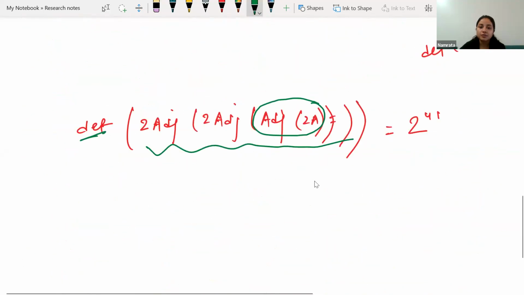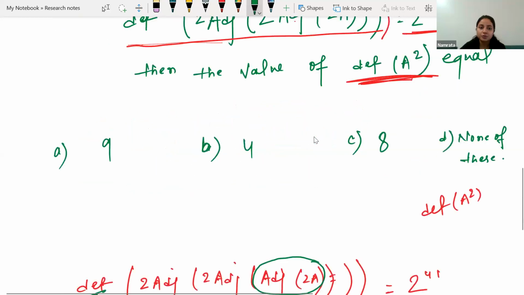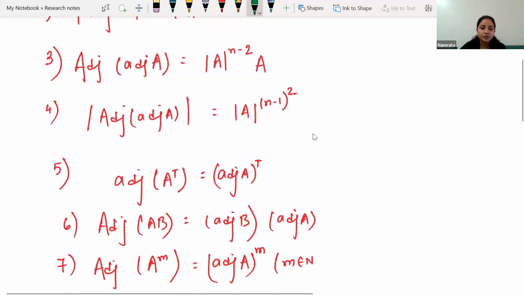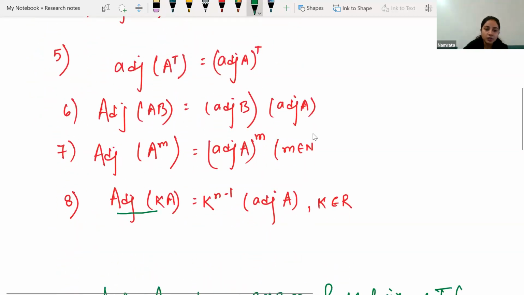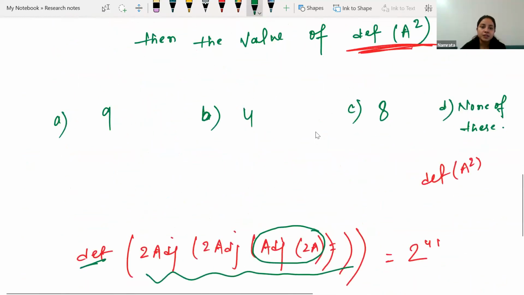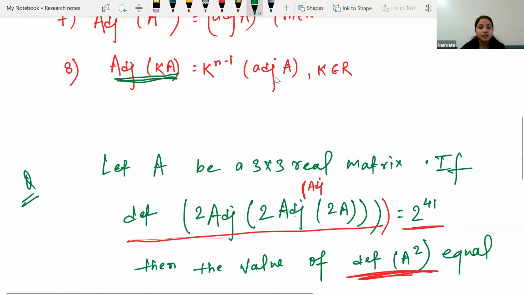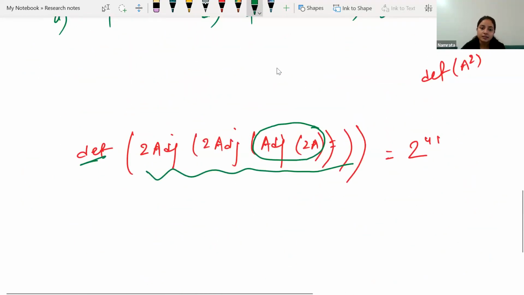We will be focusing on adjoint of 2A, which looks like adjoint of KA, where K is a scalar. So adjoint of K times A is equal to K to the power n minus 1 times adjoint A. Let's use this property. Here K is 2, so 2 to the power n minus 1.